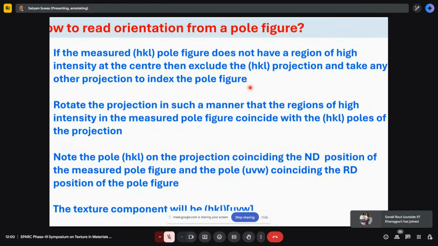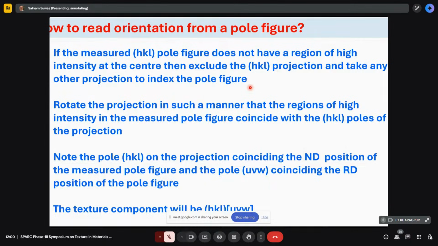Then sometimes the intensities don't match just by superimposing. You have to rotate the projection in such a manner that the regions of high intensity are captured. In the previous slide that I showed, there is no rotation. But sometimes if you rotate the standard stereogram, you will get the coincidence of all these regions of higher intensity, and then you can clearly state the plane and direction.